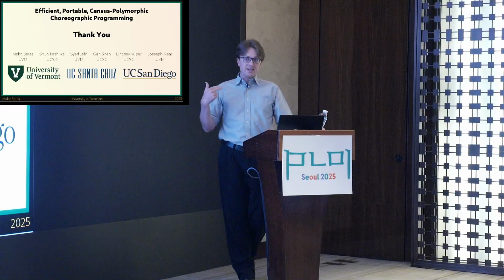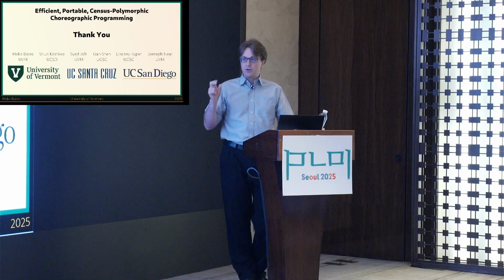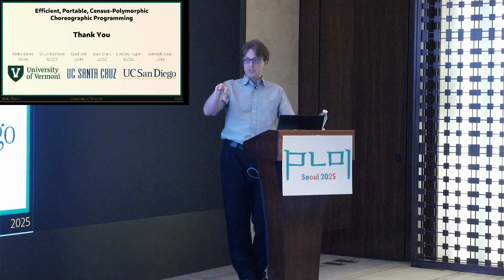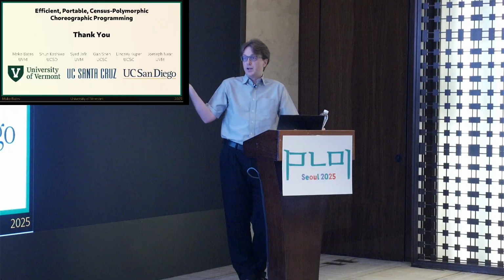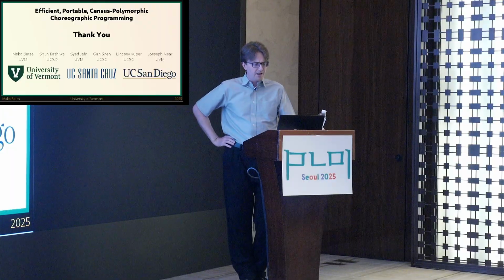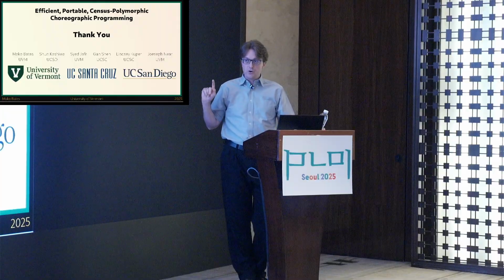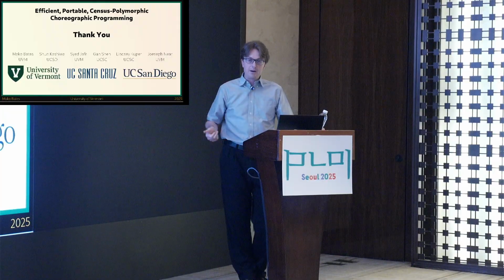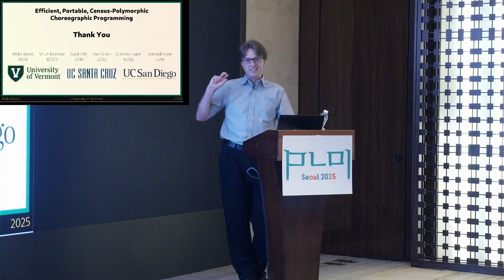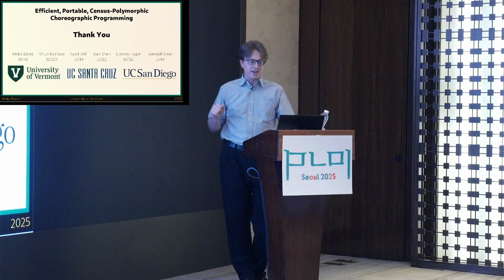The obvious other option would be a simple naked or unwrap operator that just takes a multiply located value known to the entire census and turns it into an unlocated value. For version 2 of MultiChor, we're going to have an even more bare bones system where the entire notion of a located value kind of disappears. But I don't think we have time for that in this session.